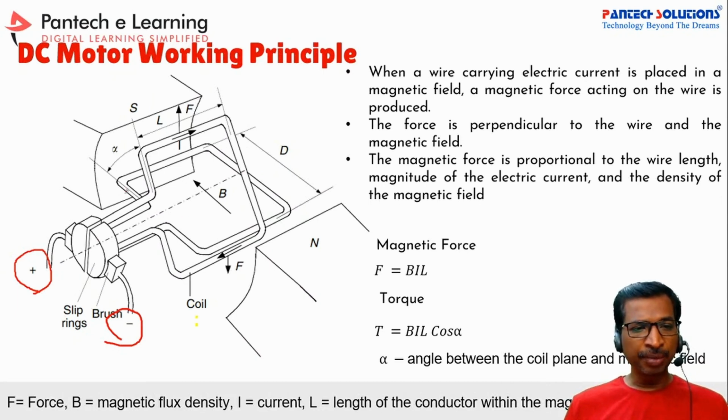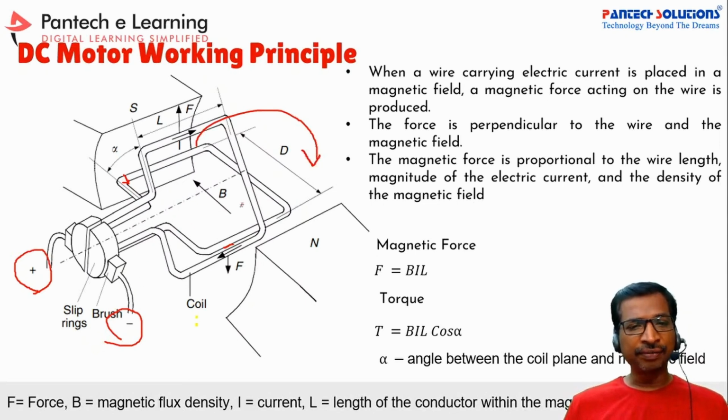Suppose this is the plus terminal and this is the minus terminal. The north and south poles will repel each other, so the coil plane will move to the other side.